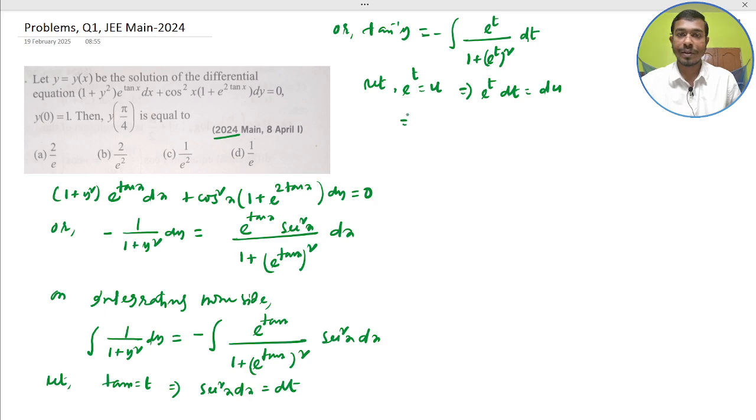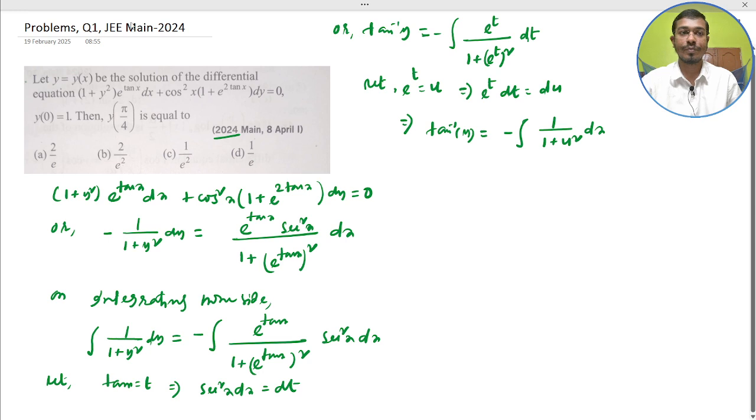Now substitute here: tan inverse y equal to minus integration of 1 by (1 plus u) whole square, this is dx. Sorry, it should become du, because e to the power t dt equals du.